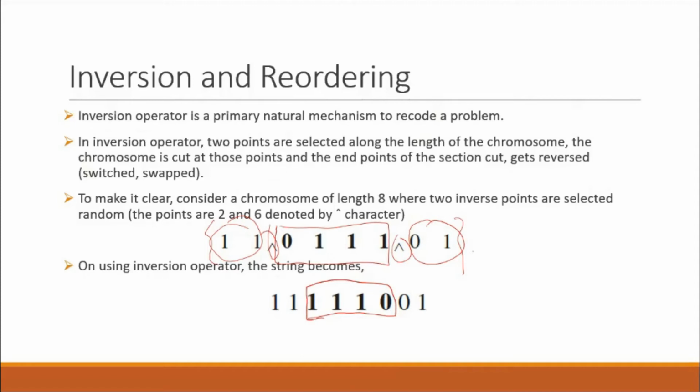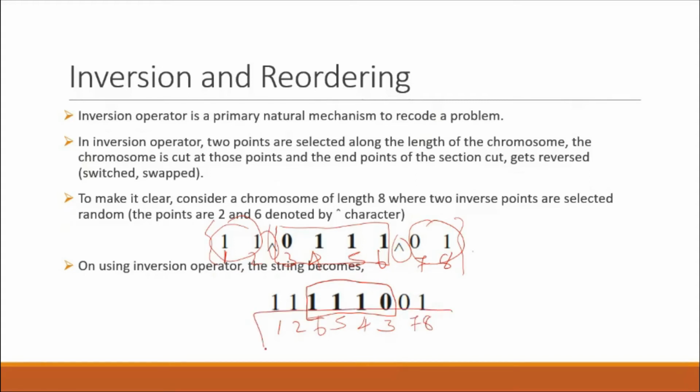But in the case of complex problems, this can be used to retain the original position of the values. Like if these positions are represented with 1 2 3 4, 5, 6, 7, and 8, so these positions are referred to with these numbers. These numbers can be retained in the case of inversion also. That is 1, 2, then 3 comes here, 3 was here, 3, 4, 5, 6, 7, and 8.